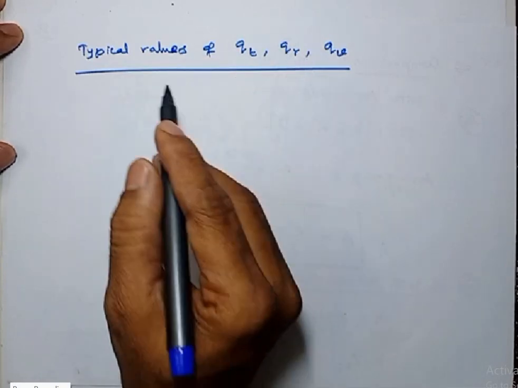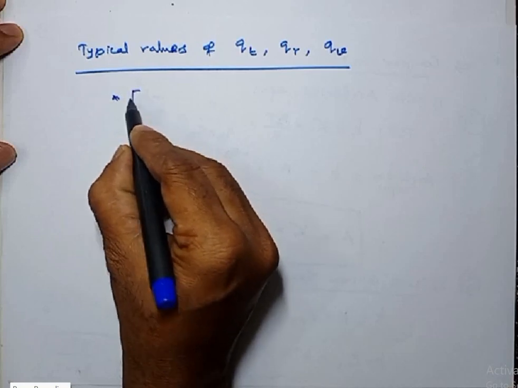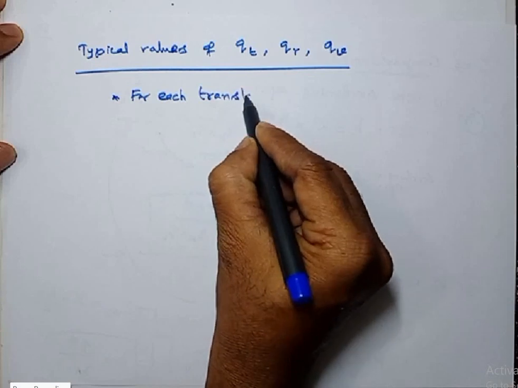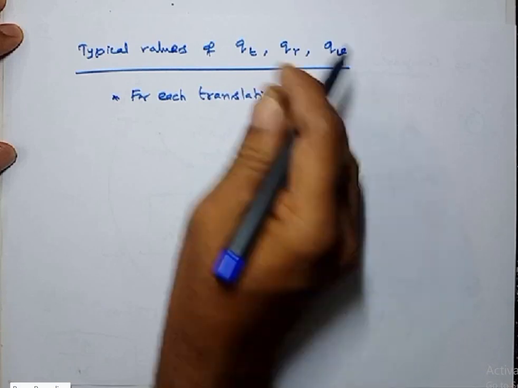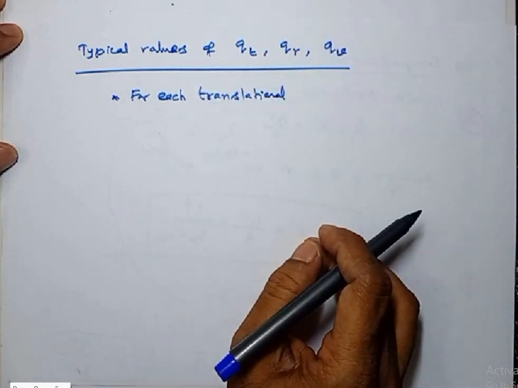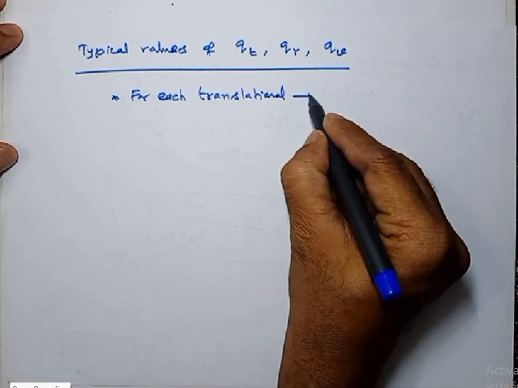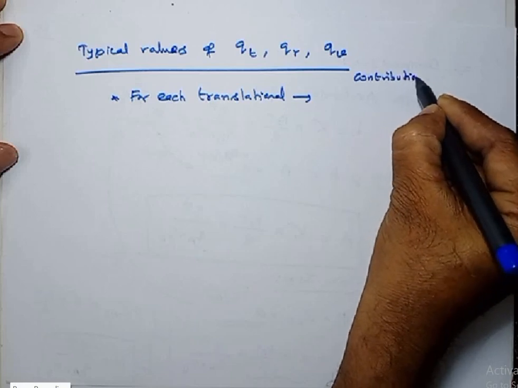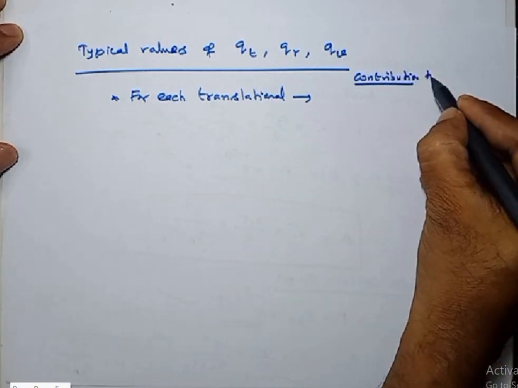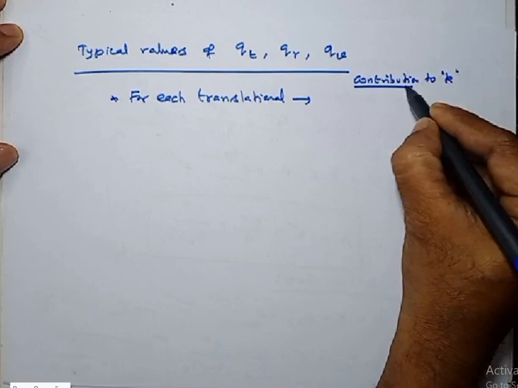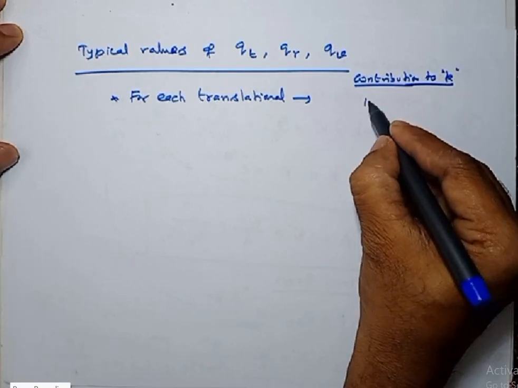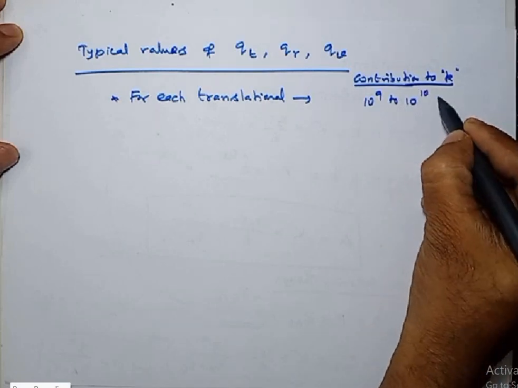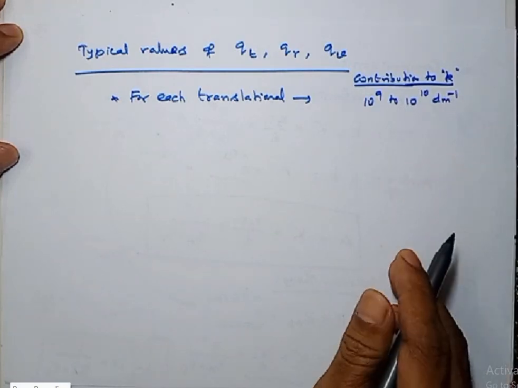For each translational degree of freedom, what is the contribution to the rate constant K? It is 10 to the power 9 to 10 to the power 10 decimeter inverse.